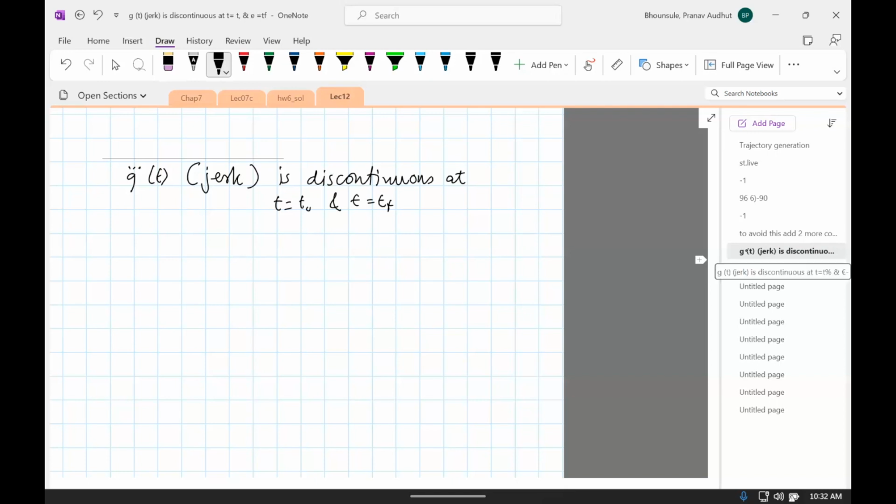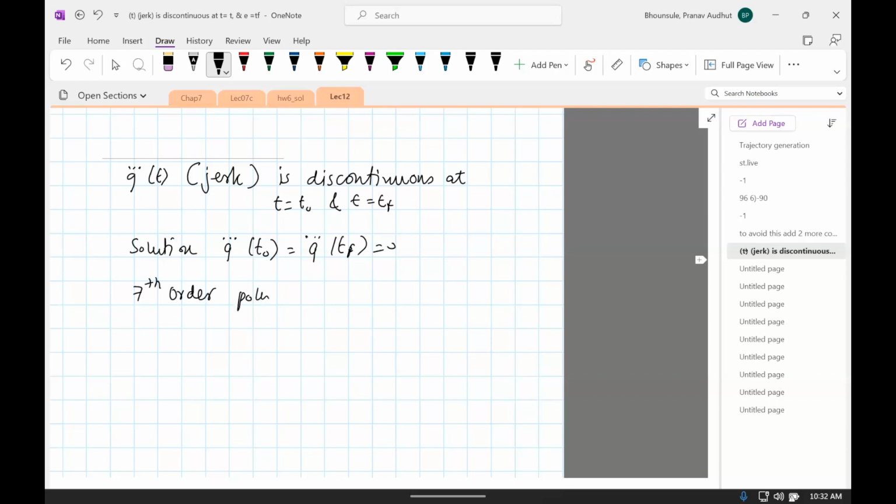Okay, so what do we do? Well, the solution is to add 2 more conditions. Add the condition that q triple dot t0 and q triple dot tf is 0. Which means that if you add these, you will have 8 conditions and a 7th order polynomial.